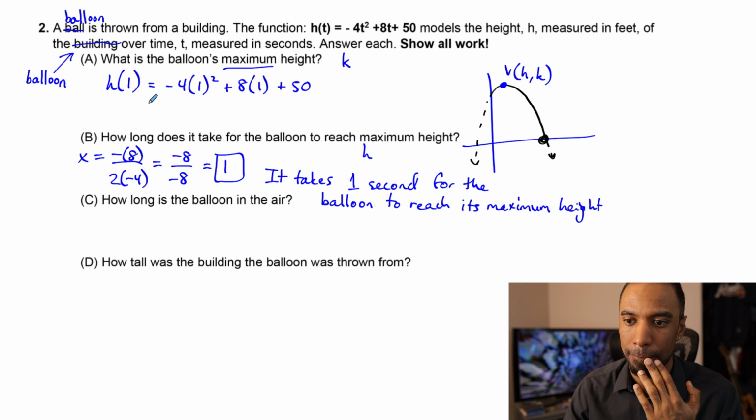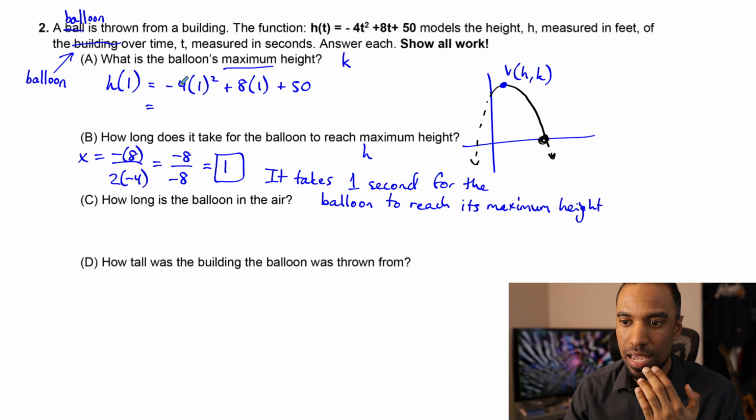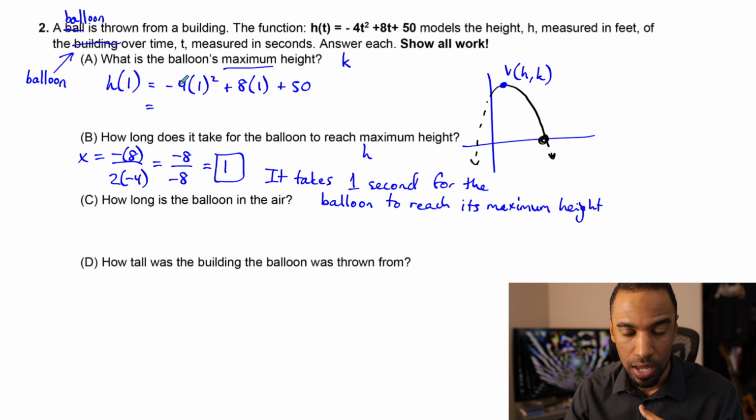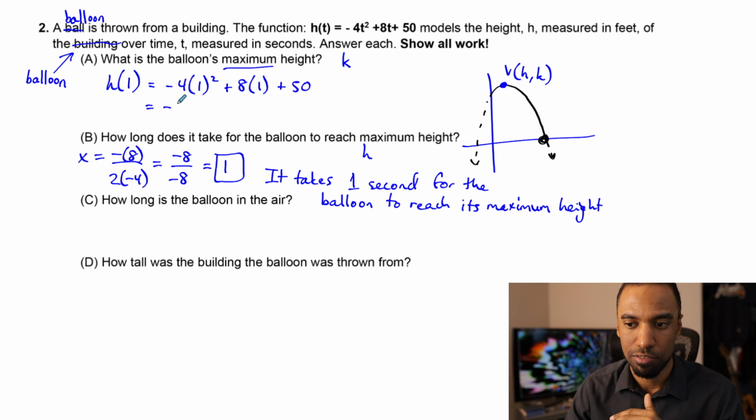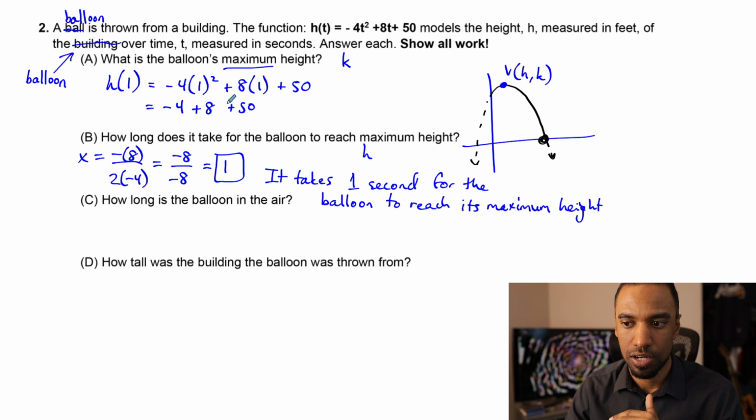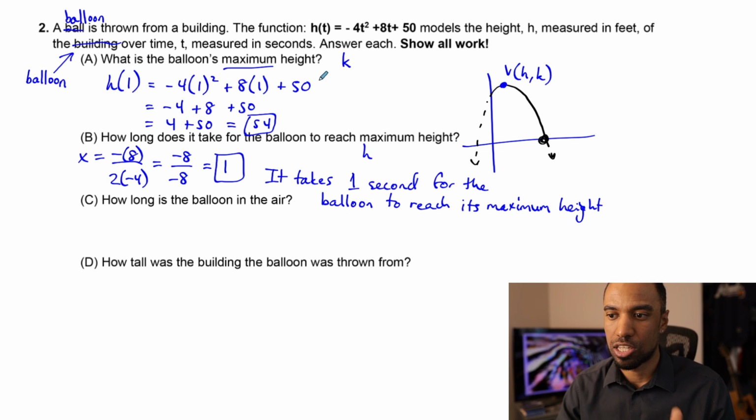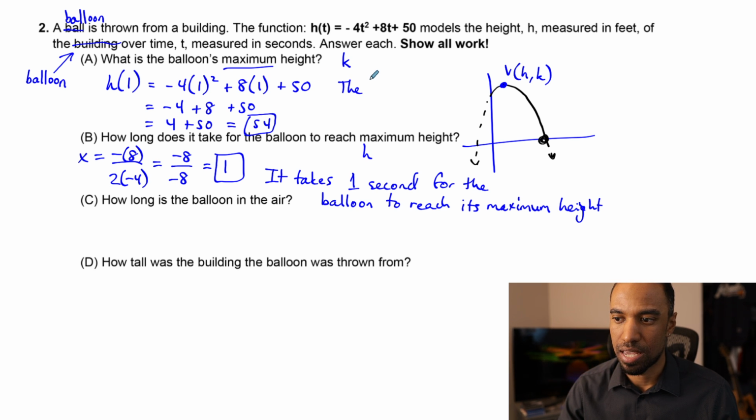All right. So that's going to be 1 squared is 1. -4 times 1 is -4. 8 times 1 is 8. And then a plus 50 here. Remember what I said before? -4 plus 8 is the opposite of that guy. It's 4. 4 plus 50 equals 54. So the balloon's maximum height, what do they say?